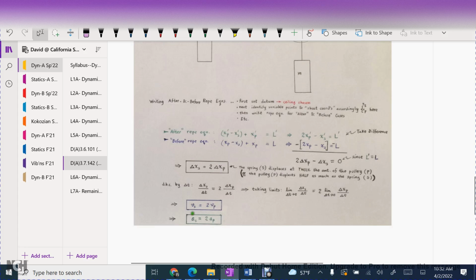And then when I take one more time derivative, I can switch from blue to green to indicate velocities being taken into accelerations, and the acceleration of the spring is twice that of the pulley.